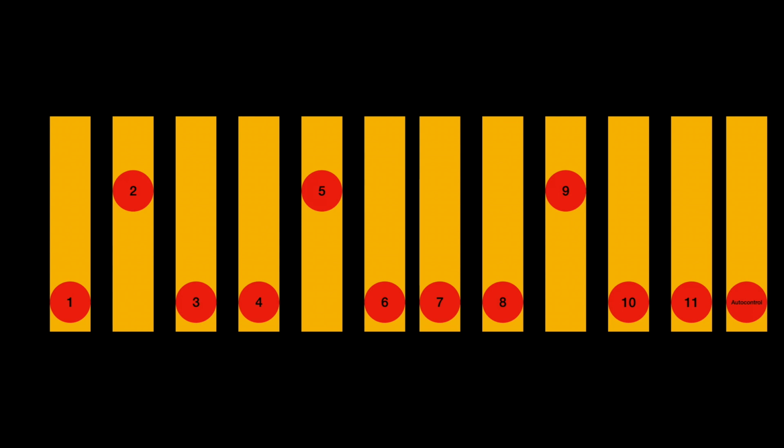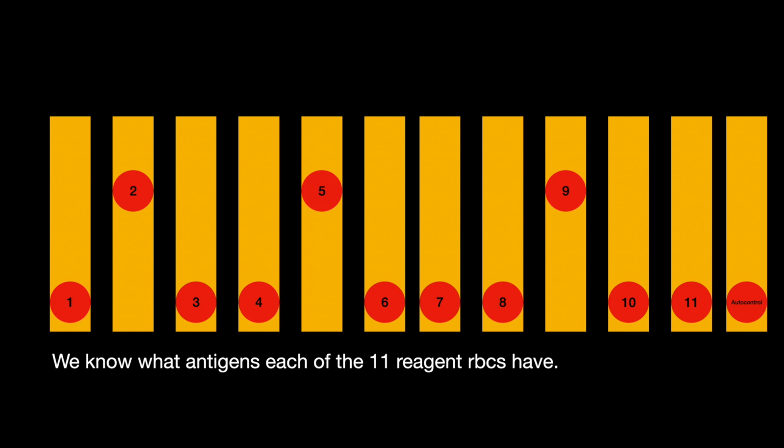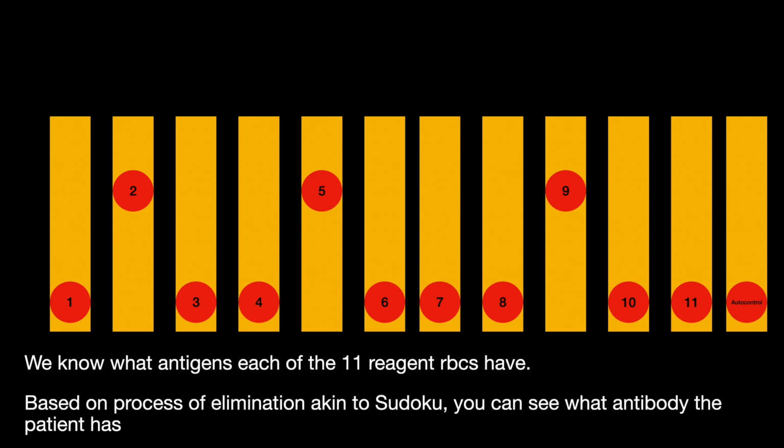This is more extensive, it's more work, and it takes more time. Instead of the 3 tubes, we use more tubes, with more reagent red blood cells that we know what antigens they have, as well as an auto control. Based on the process of elimination, based on which reagent red blood cells it reacts to and which ones it doesn't, you can deduce what antibody the patient has.